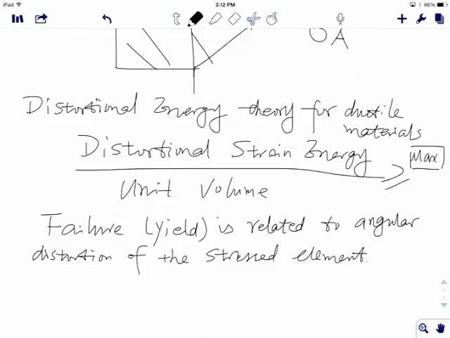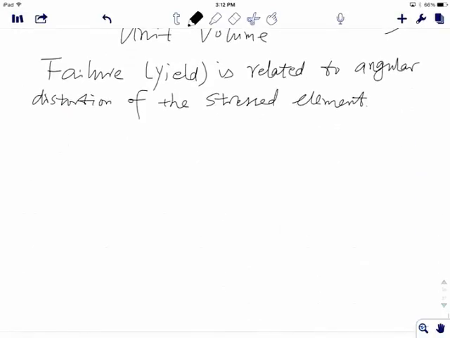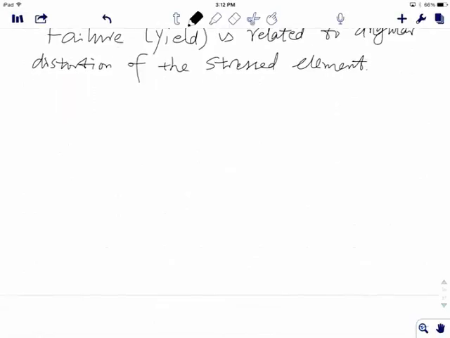So in other words, it believes extension or compression doesn't do any damage, but twisting it does. So if you have distortion, because it causes the material to have non-isotropic deformation, then failure will happen. Right. This is what I believe. Okay. So now let's see how we can analyze it.